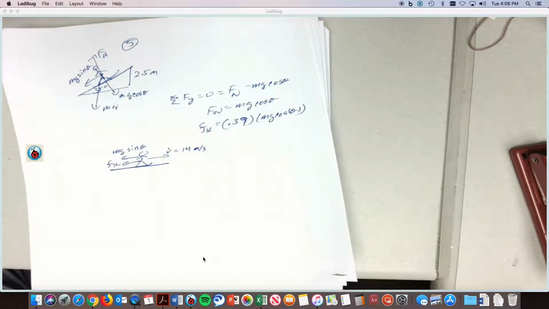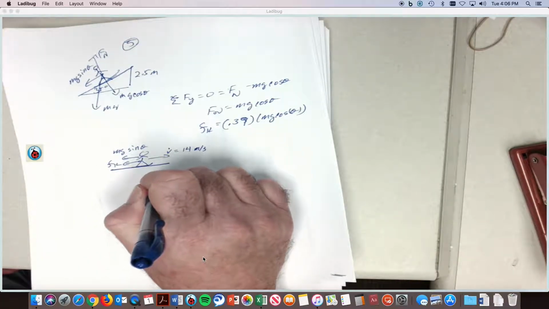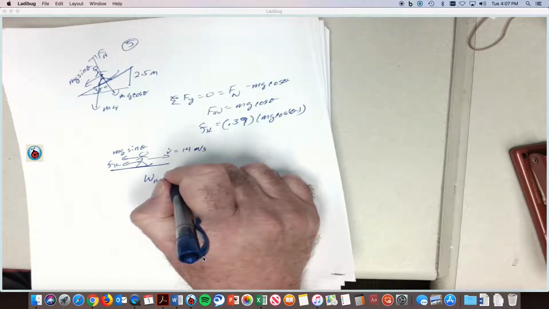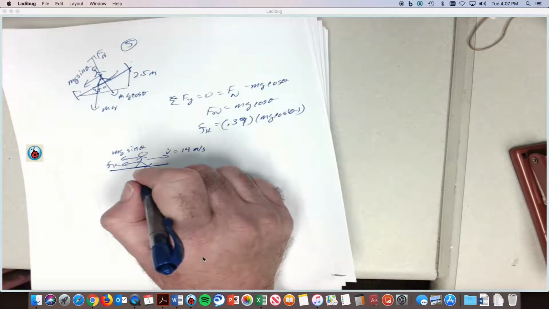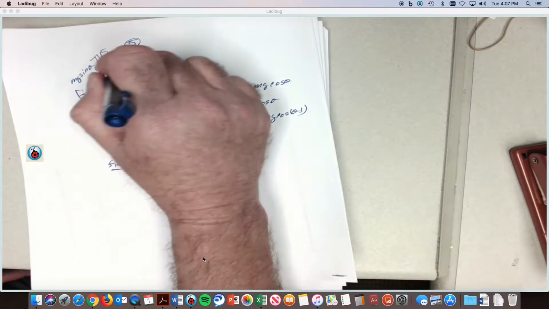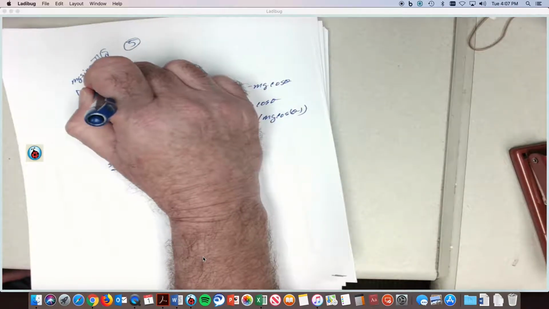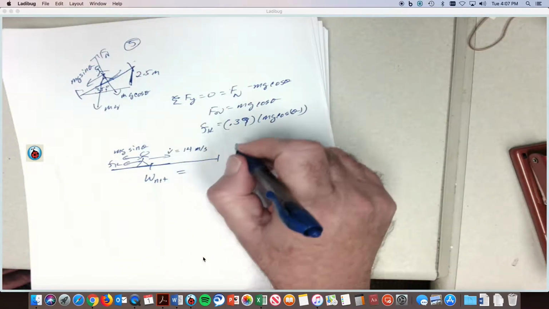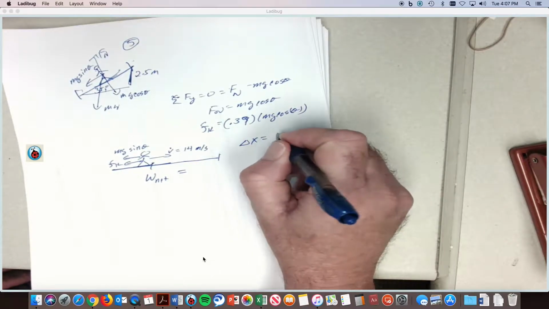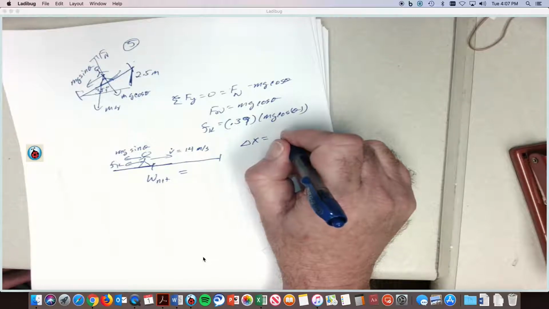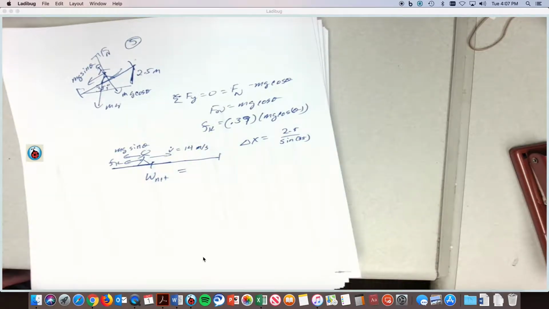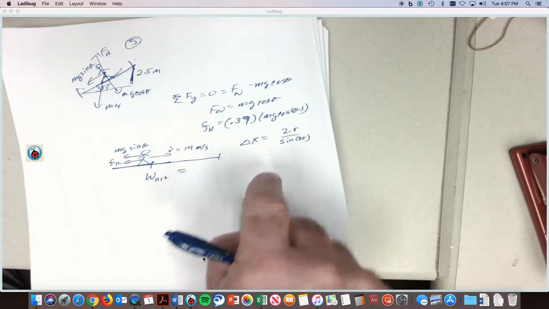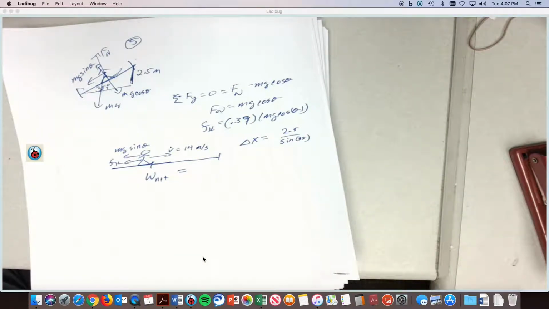All right, so the net work that's going to be done on her is equal to, and the distance that she's got to go is from here to here. So she's going to go this distance here, which if this is 2.5 going up and this is 35 degrees, then the displacement she's going to do here is going to be 2.5 divided by the sine of 35, because that's that leg.